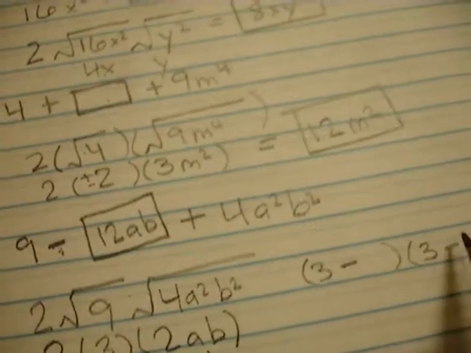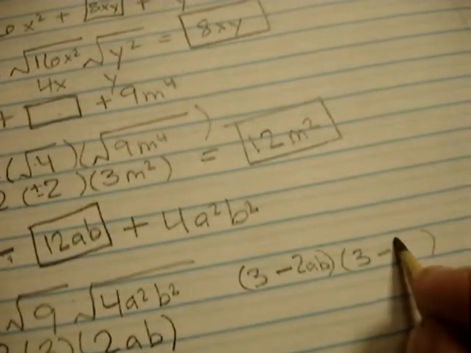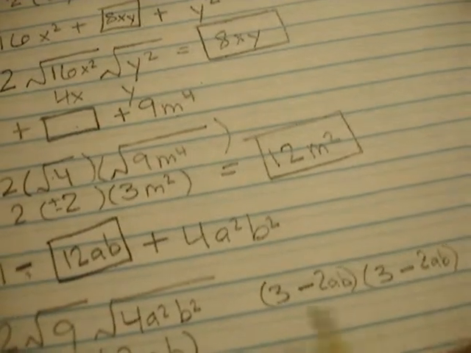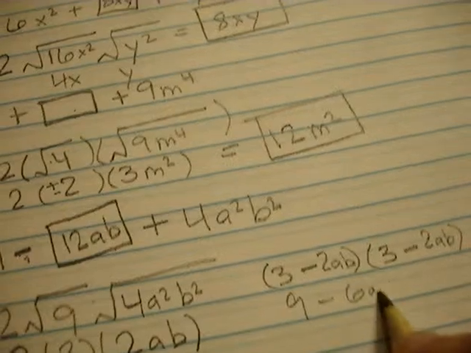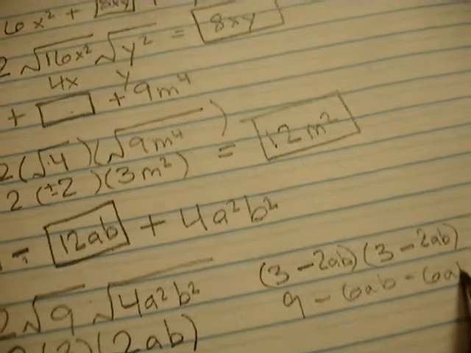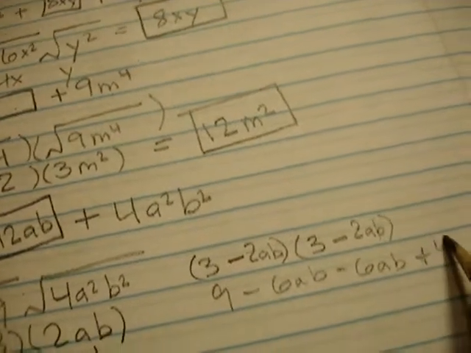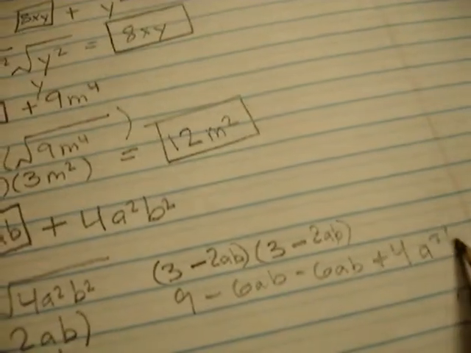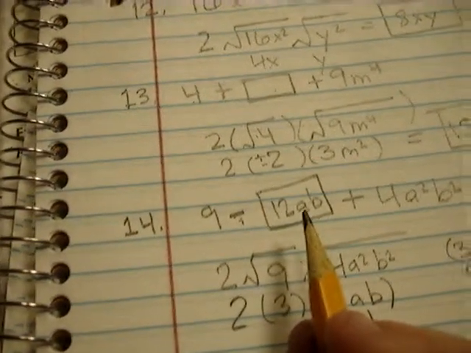There would have been a minus sign in here, like that. That way, when I worked it out, the middle term would have been a negative, but the end term would have been that positive 4a squared b squared. Okay. Alright, so anyway, let's move on though. 12ab is our answer for number 14. Alright, let's go to number 15.